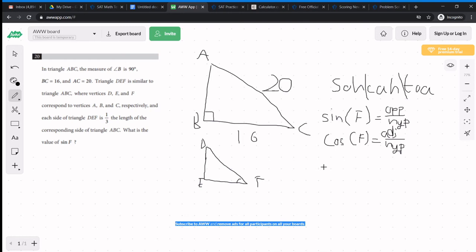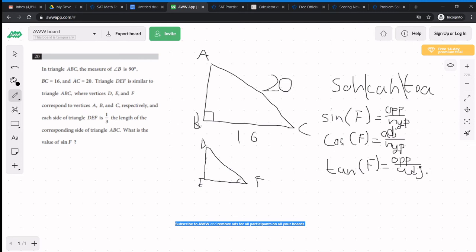And lastly, tangent of f is equal to the opposite over the adjacent. These are three things that you need to know for this test, right?